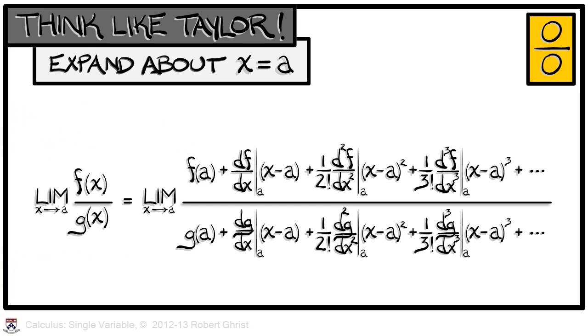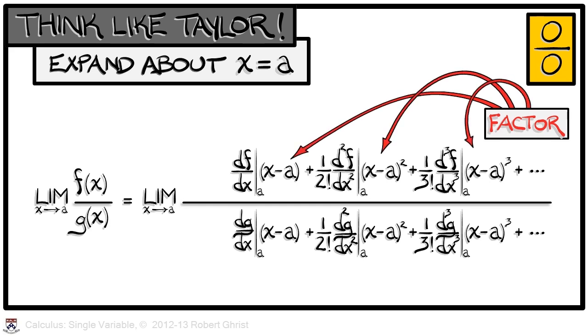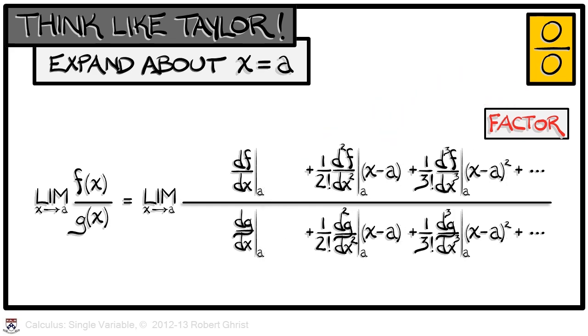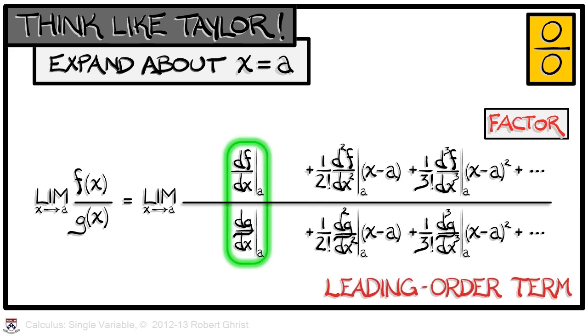That means that the 0th order terms both vanish. What do we see? Well, we see that we can factor the quantity x minus a from all remaining terms in the Taylor expansions in both the numerator and the denominator. These cancel. And now, when we try to evaluate at x equals a, we're left with the leading order terms. The constants are really the derivatives evaluated at a.